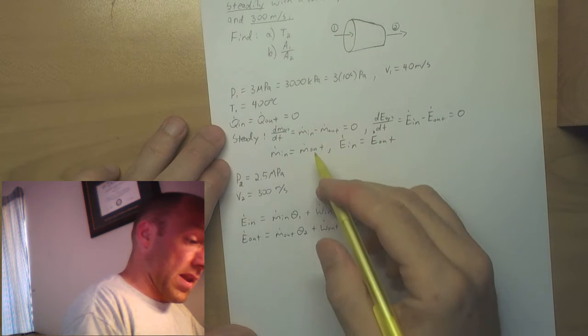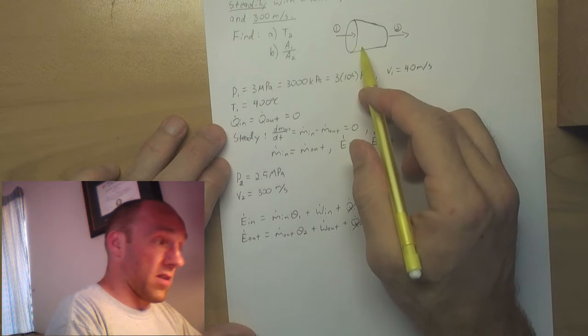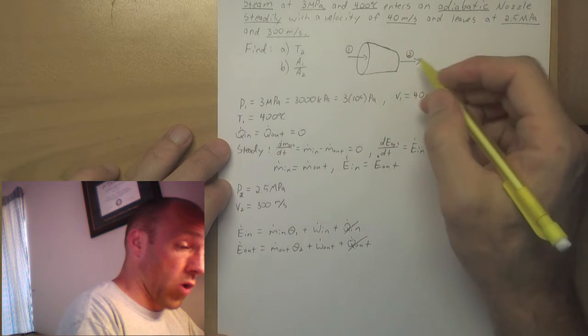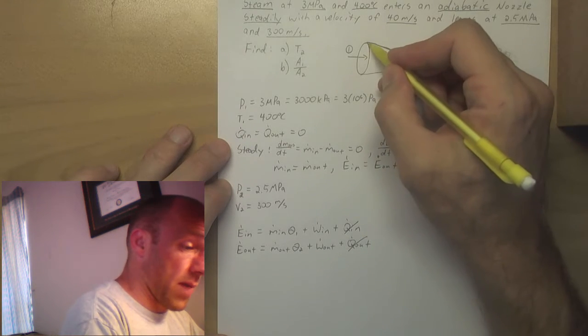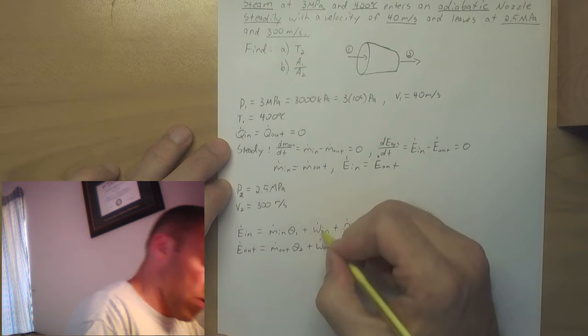We know that it is adiabatic. We know from the fact that it's a nozzle that there is no work interaction. No work is exiting the system, right? So if I make the boundary here, there's no work exiting the nozzle. So these go to 0.